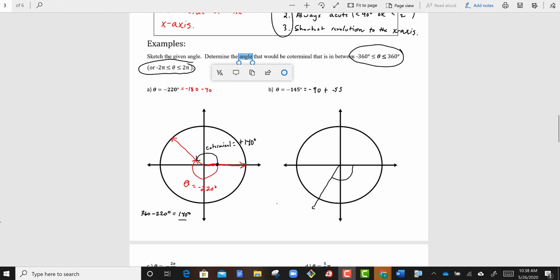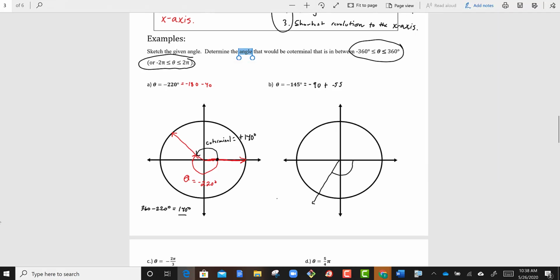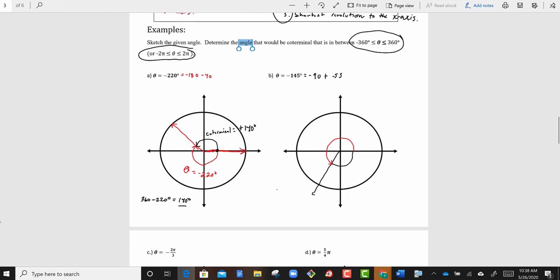That means the coterminal angle, again, is going to have to be positive because it starts in the same place, ends in the same place, but rotates the opposite direction. So to get our answer, just take 360 minus 145, and what is that, 215?